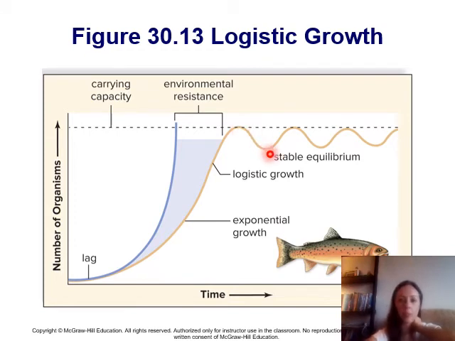Now we have more food and habitat to go around, so we'll see our population increase a little bit more. But now we've reached our carrying capacity again, and so our population starts to decrease again, and our population will fluctuate around that carrying capacity.